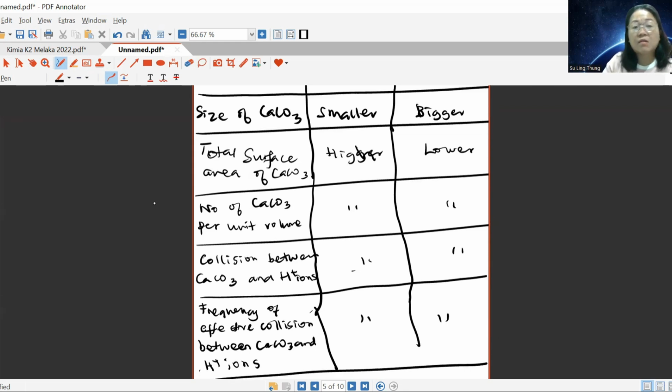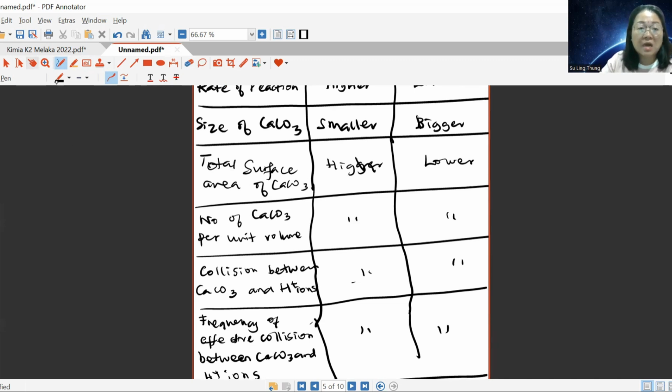Okay, let's look at how the marks are like. Rate of reaction of course carries the 6 marks. Then the size, that's the factor. Like I said, size and total surface area carry almost the same mark.